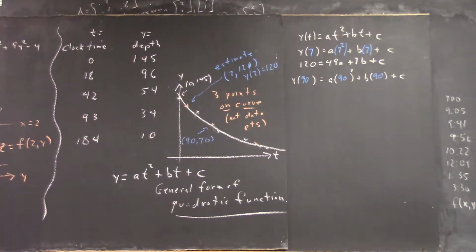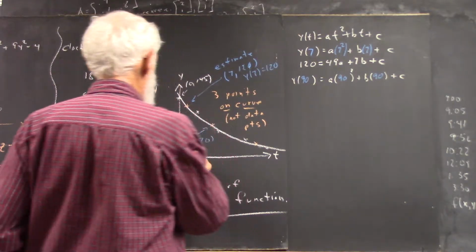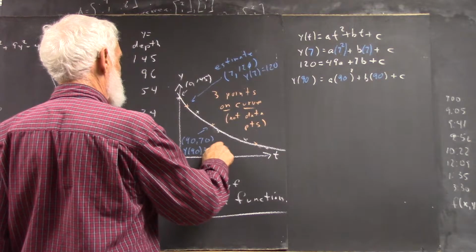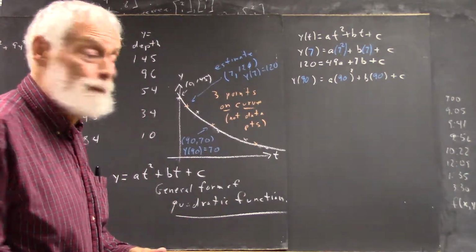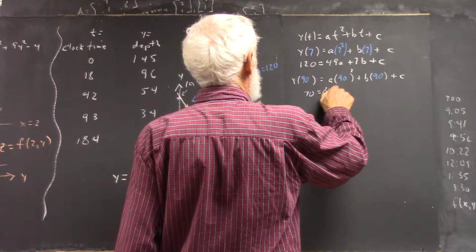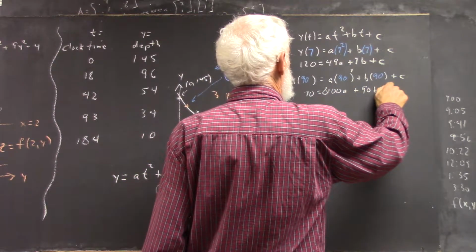Okay? And then, of course, y of 90 is 70. So now I have the equation 70 equals 8100a plus 90b plus c.